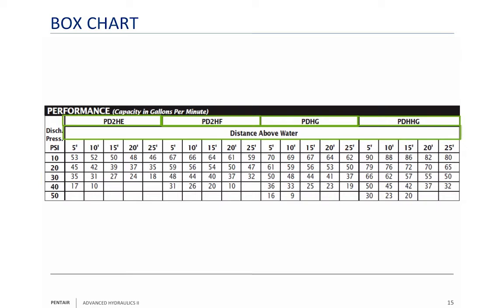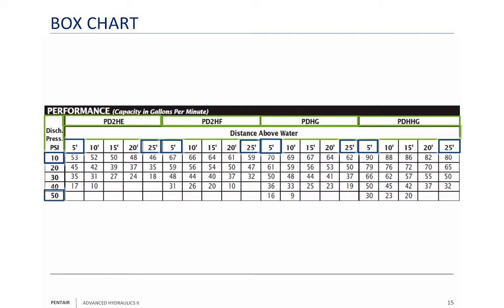All right? Each one of these box charts have 5 to 25 feet. That's because most people consider 25 feet to be the maximum lift of a centrifugal pump. All right? On the left-hand side of the curve there, it gives you your flow from 10 all the way to 50.